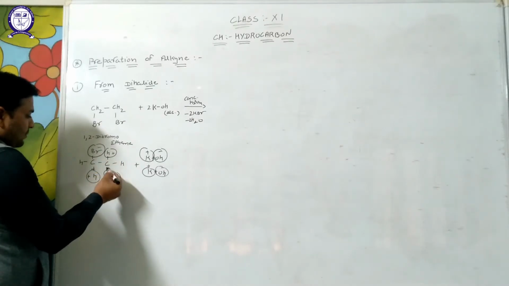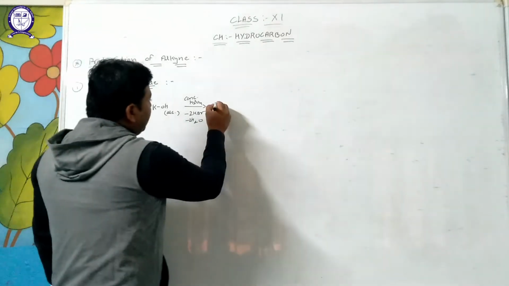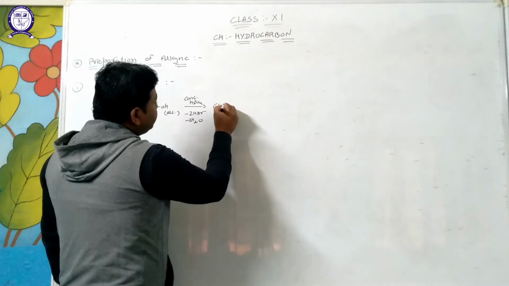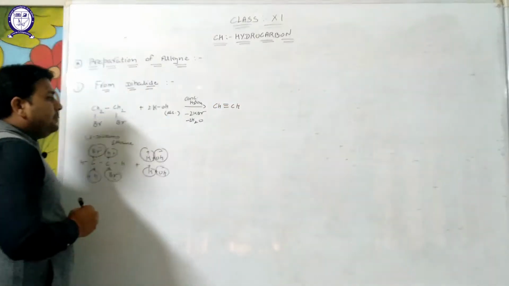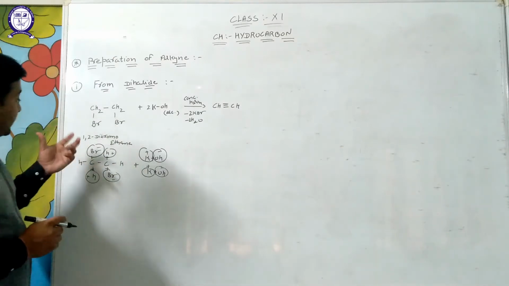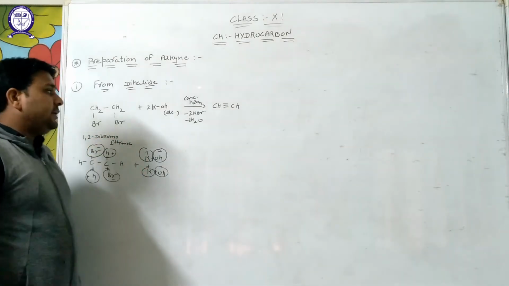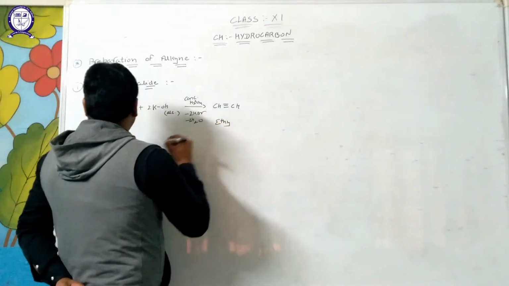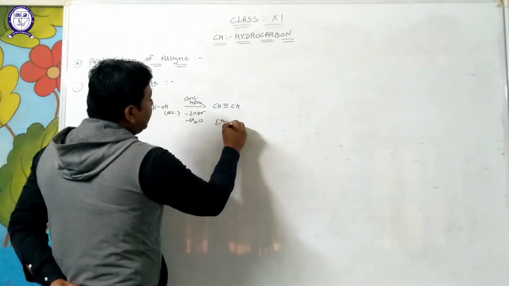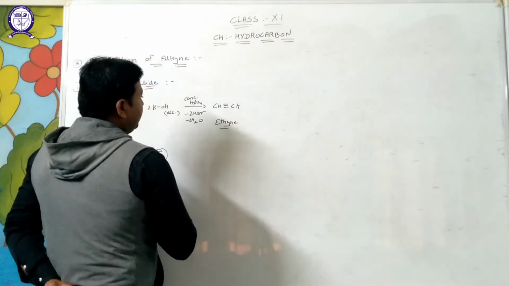Here a double bond forms and then a triple bond forms, giving the formation of CH triple bond CH, which means the conversion of 1,2-dibromoethane to ethyne. Clear?